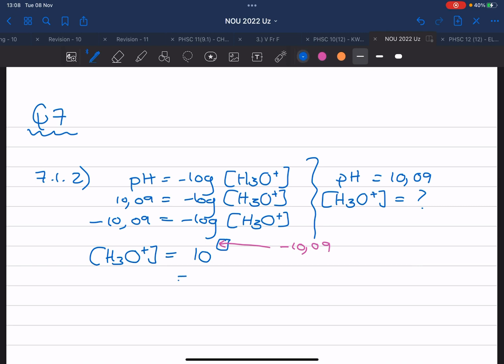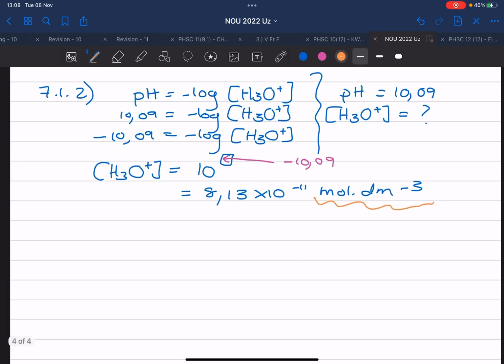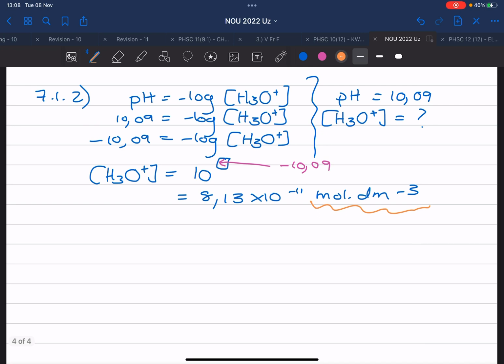And then you get the answer to be 8.13 times 10 to the power negative 11 moles per decimeters cubed. And ek dink hierso is waar baie van julle 'n punt verloor het, because your unit, you didn't write down a unit or you wrote down the wrong unit. Dit is meer by die langer vrae.